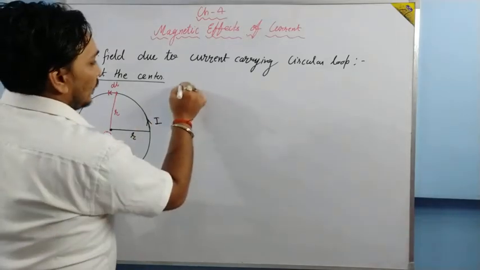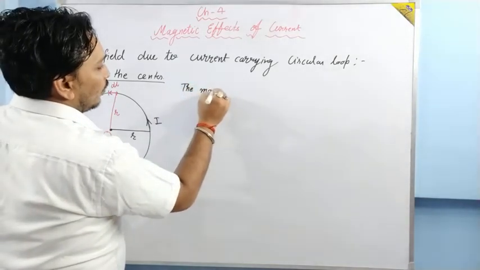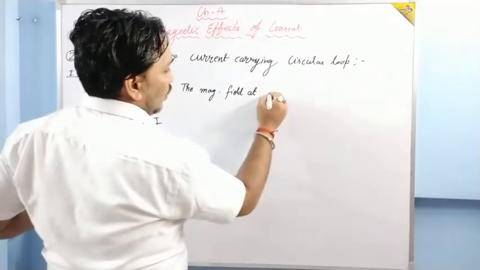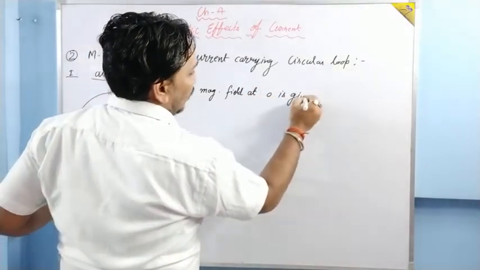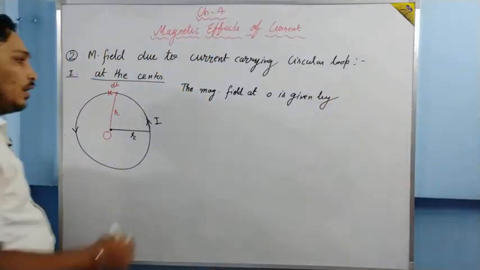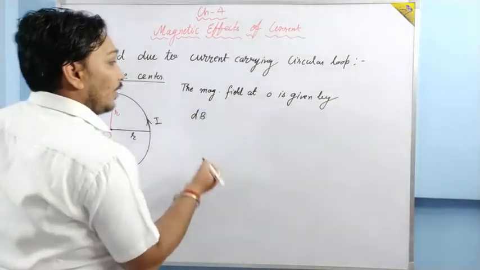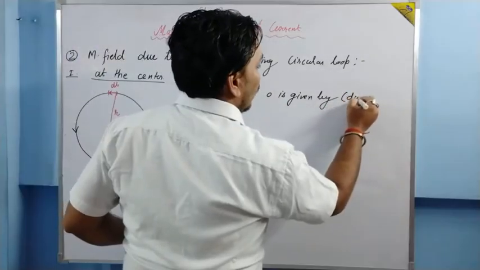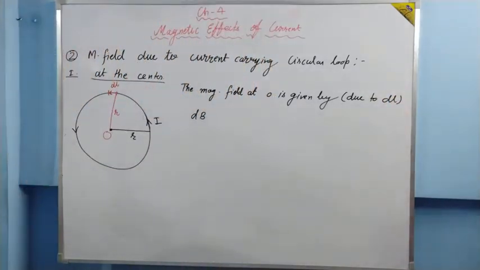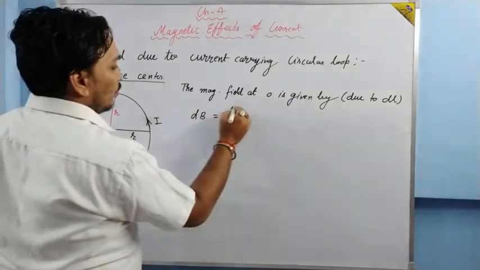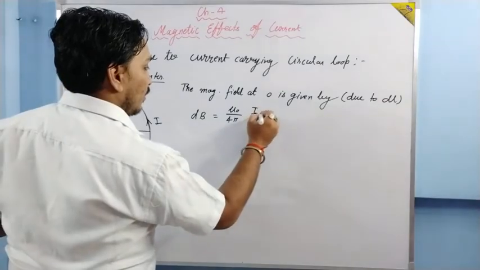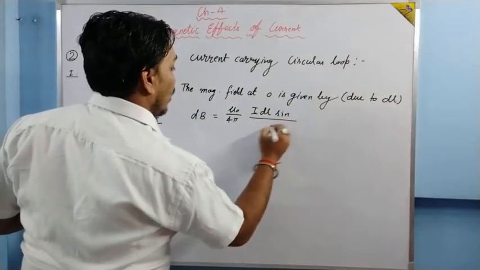Now the magnetic field at O is given by dB is equal to, due to dl only, due to that small length, dB is equal to mu naught upon 4 pi I dl sin theta upon r square.